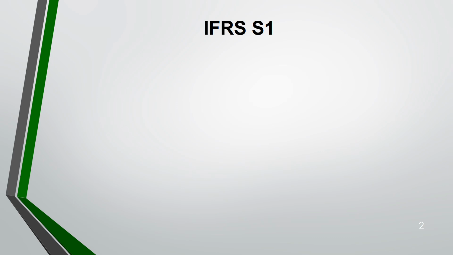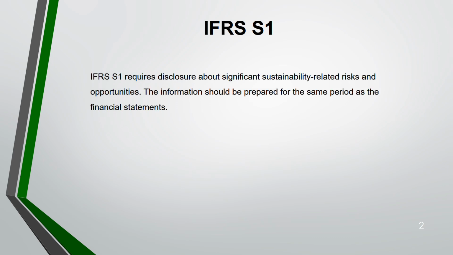In this lecture, IFRS S1 requires disclosure about significant sustainability risks and opportunities. The information should be prepared for the same period as your financial statement. There are four areas where you require disclosure.